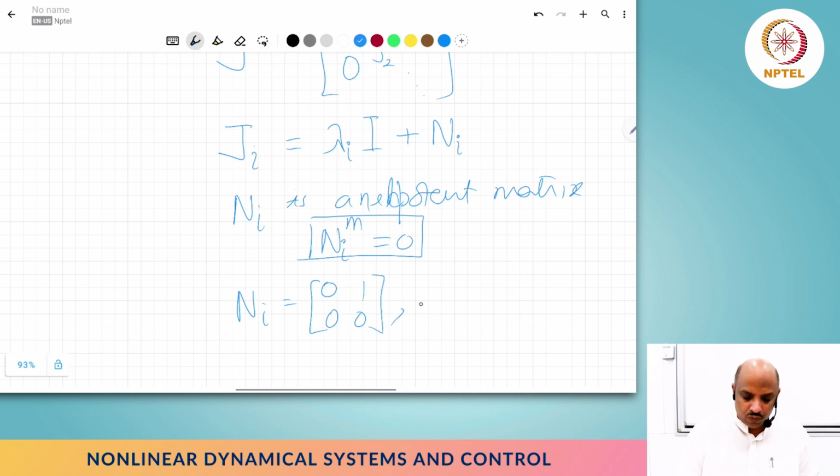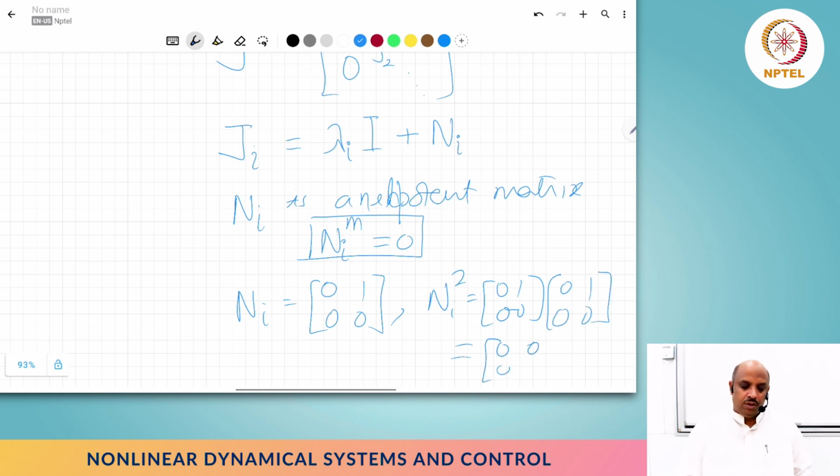Clearly Ni squared, [0 1; 0 0] times [0 1; 0 0], is [0 0; 0 0], right? So of course, if you have Ni equal to 0, that's also nilpotent, right? I mean, Ni to the power 1 is 0. So Ji can be lambda I plus Ni, where Ni is nilpotent, including 0, right?